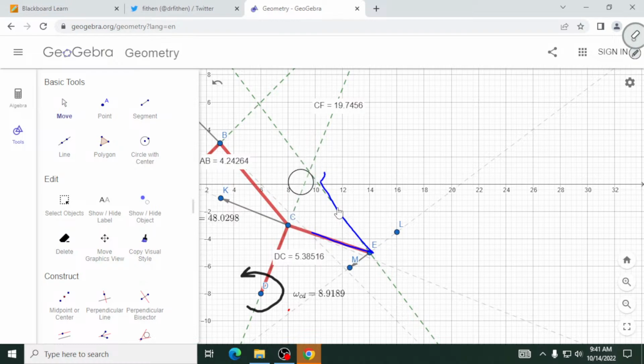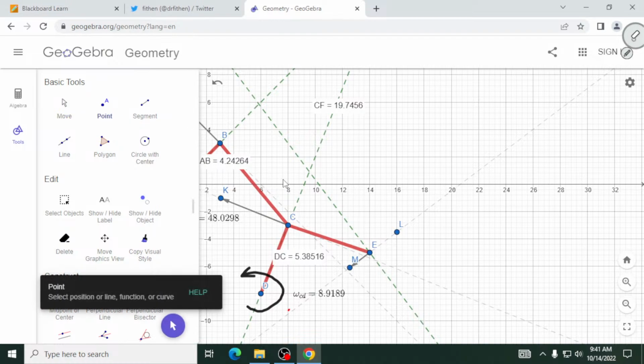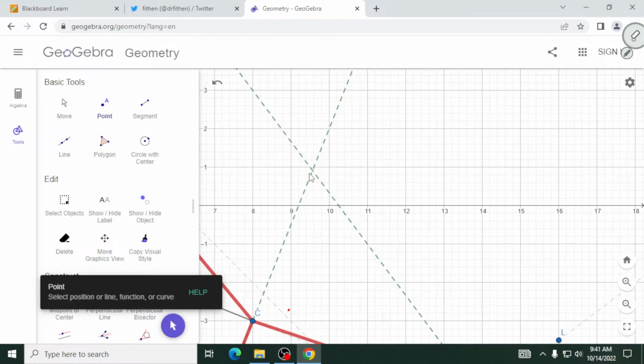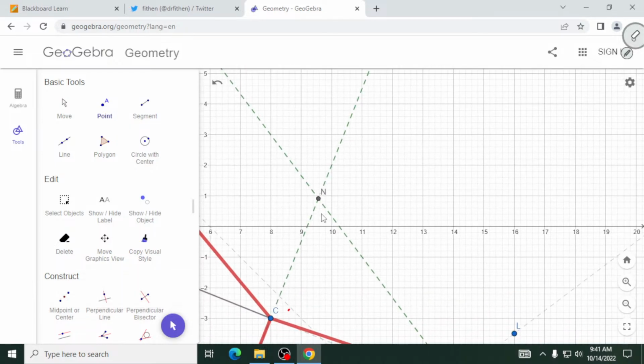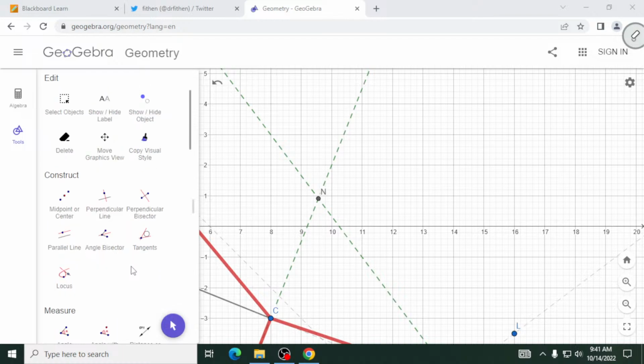So now let me go find that point. Before, the other day, I didn't do it this way, but today I'm just going to put a point right there at the intersection, and there's some extra garbage on the page. So now I'm going to try to find my distances.